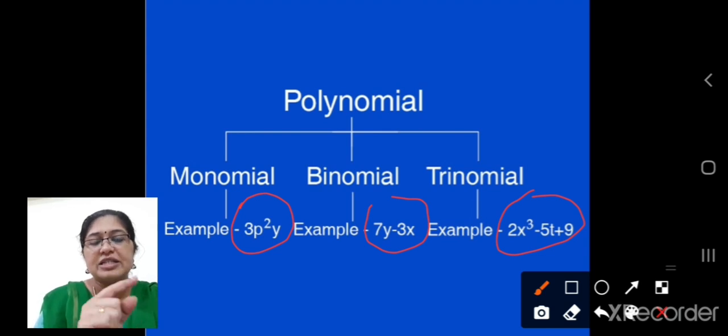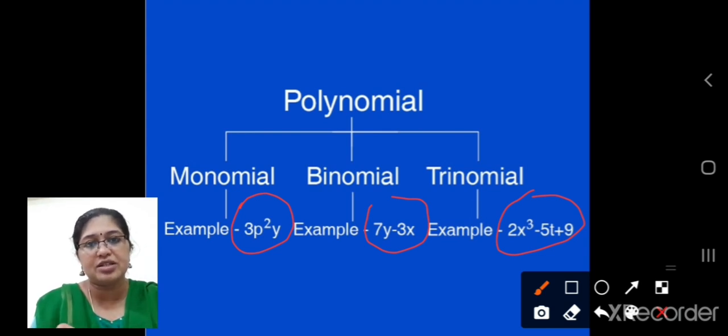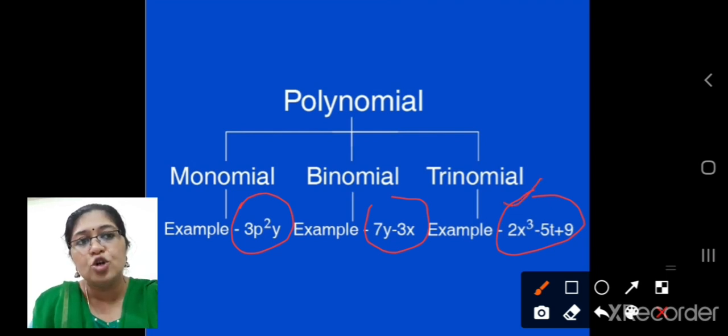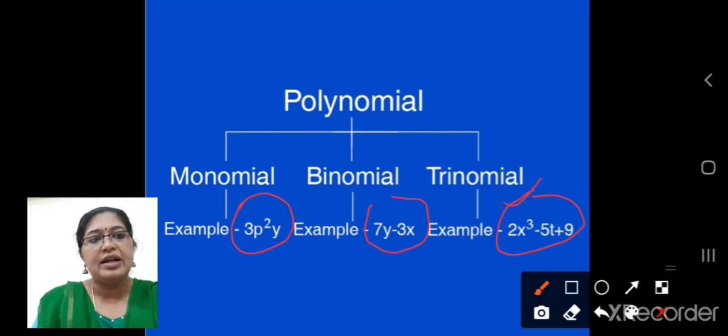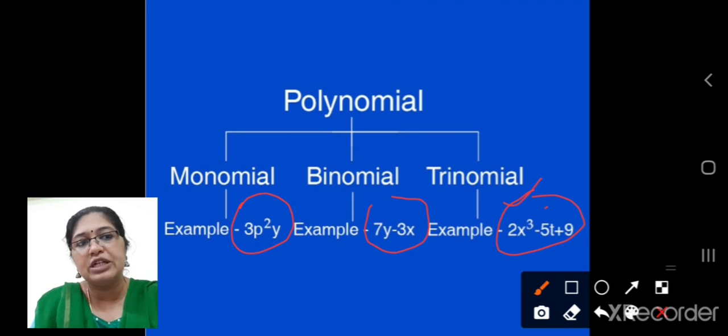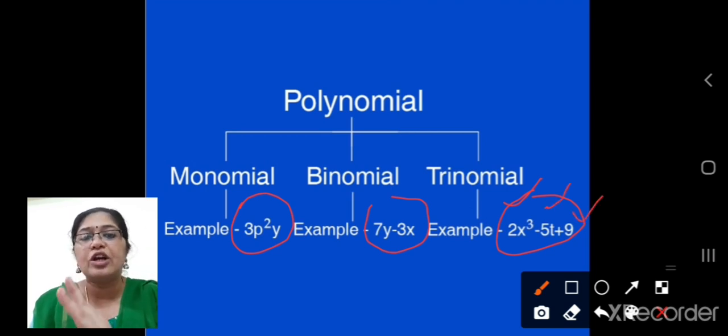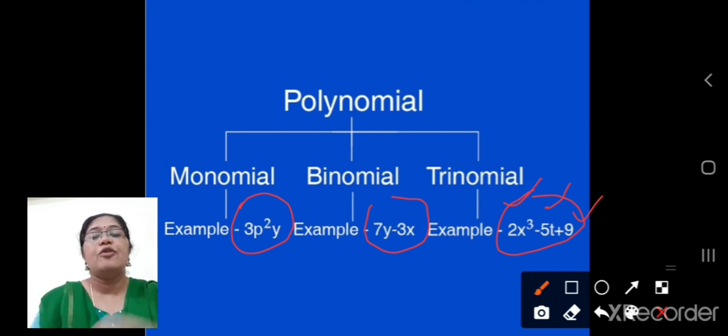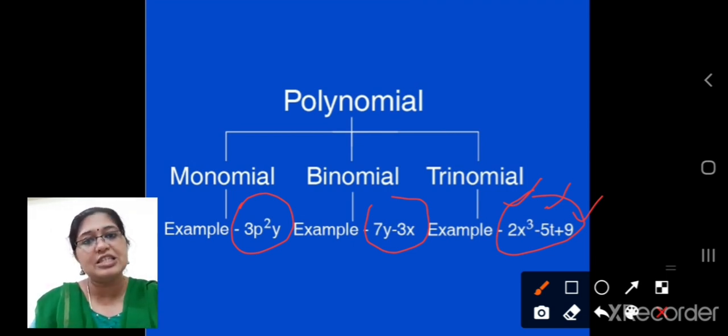It is separated by addition and subtraction signs. The first term is 2x cube, the next term is 5t, next is 9. So 3 terms are there, and we call it a trinomial. Monomial is 1 term, binomial 2 terms, trinomial 3 terms. Generally we call them polynomials. If it is 4 terms, you can also call it a polynomial.